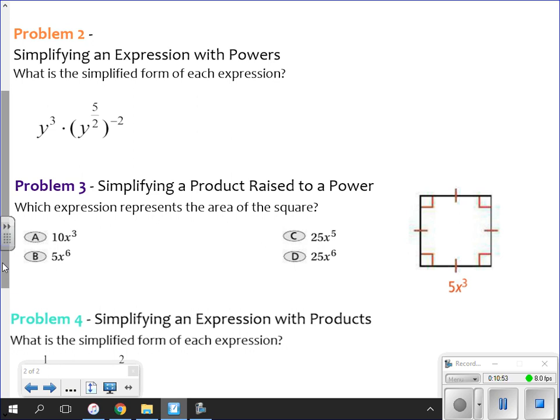This y cubed that's out front, I'm not going to mess with it. Anytime I have a power to a power, I want to deal with that first. The y cubed out front doesn't change. I'm not doing anything to that yet.